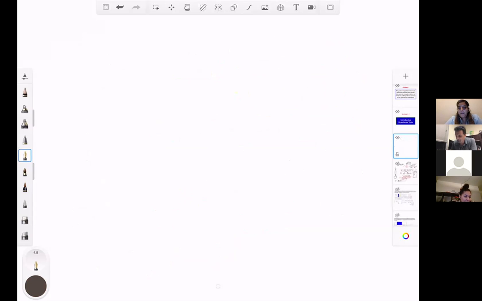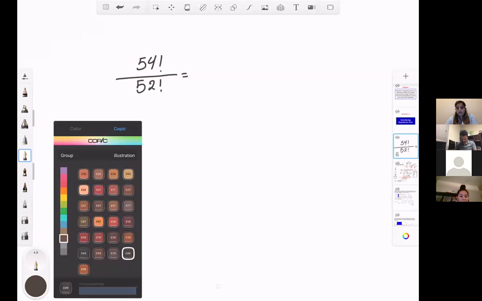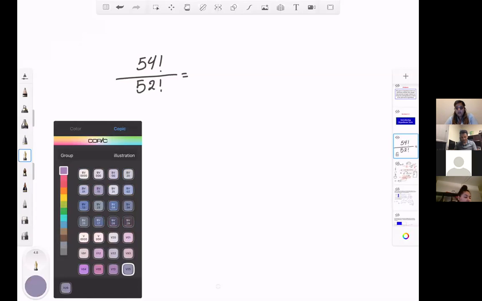So let's have another example. 54 factorial divided by 52 factorial. There's no way we can put it in the calculator. It doesn't work. 54 factorial is a huge, huge number. So we do the same thing you did with the other one?